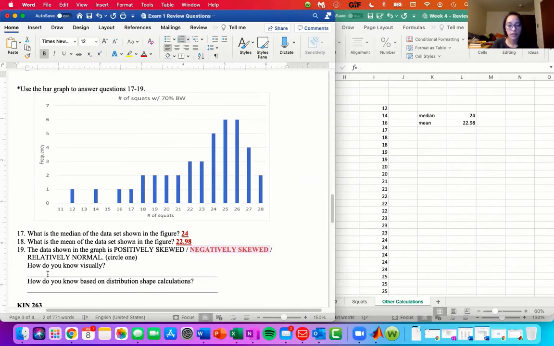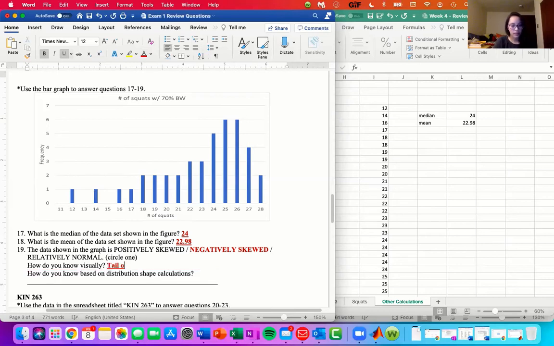Gotcha. Thanks. Visually, we know this has negative skewness because there's a tail to the left. That would be one way you could say it.